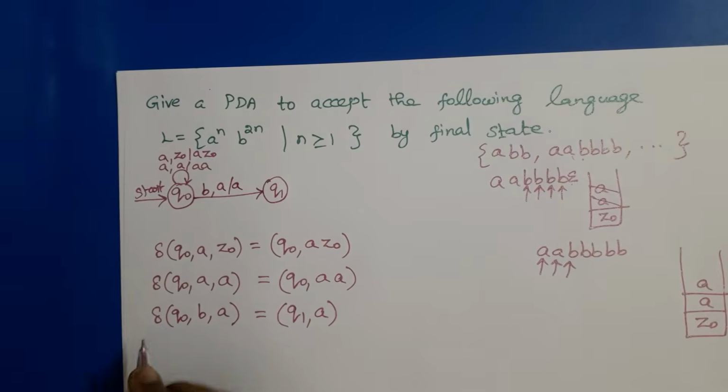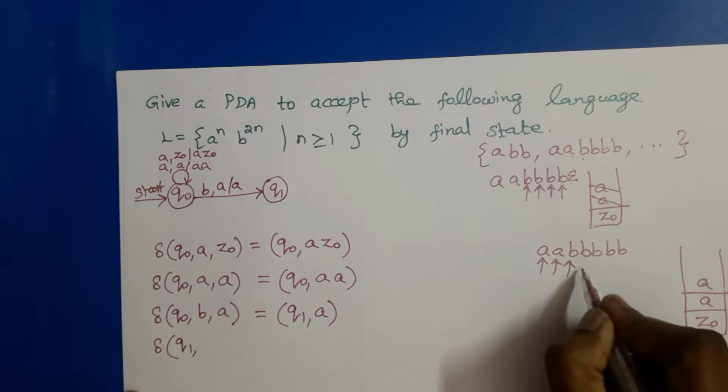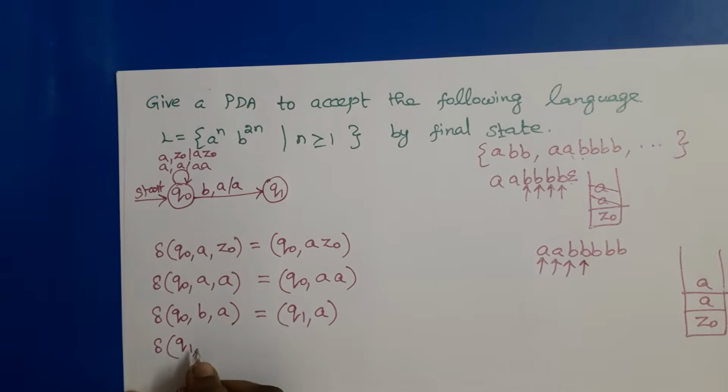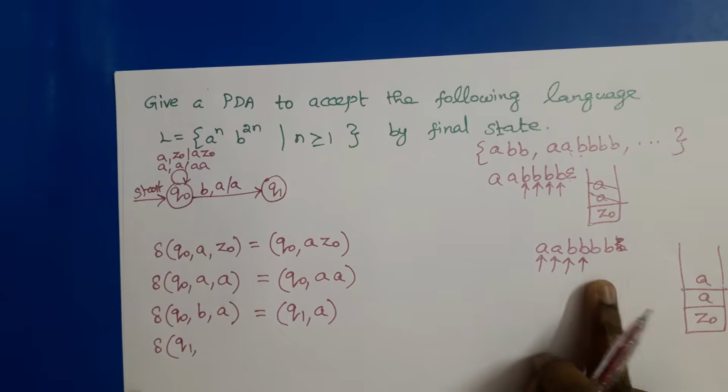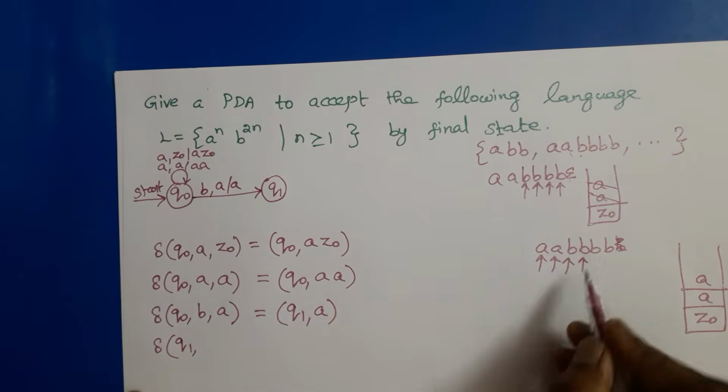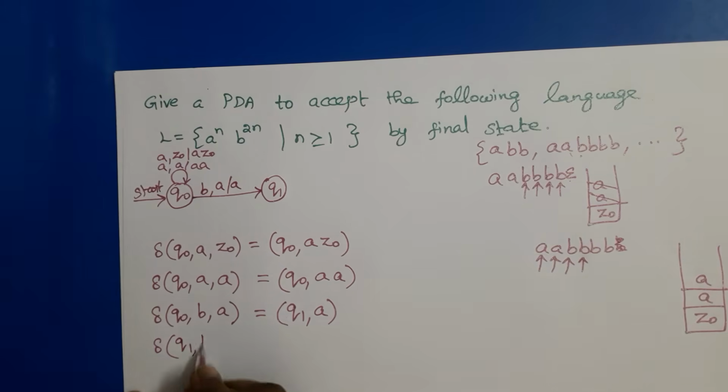Then Q1 is the current state and the next input is b. Here I have written 5 b's, sorry, only 4 b's. So the next input is b and the top of the stack is a.